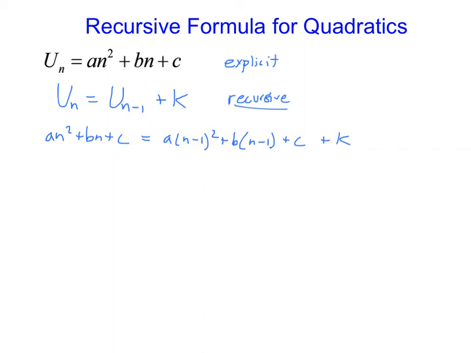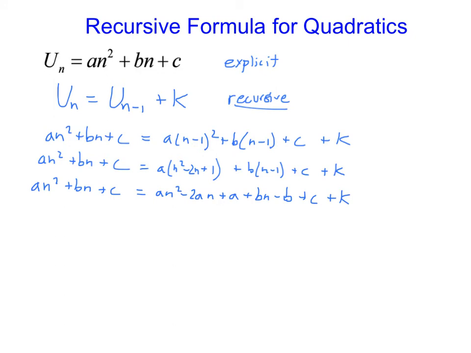Okay, now we got some expansion to do here. So I'll expand this part out first, and then distribute through the a, get rid of all the parentheses. Okay, so parentheses are said and done with. Ultimately, I'm interested in what k is, but there's a bunch of stuff that appears on both sides, so I can cancel out an squared on both sides. I can cancel out a bn on both sides, and that c I can actually cancel out too.